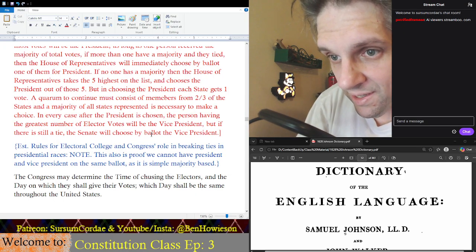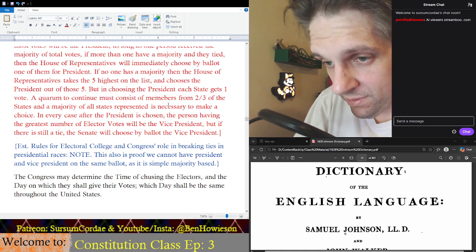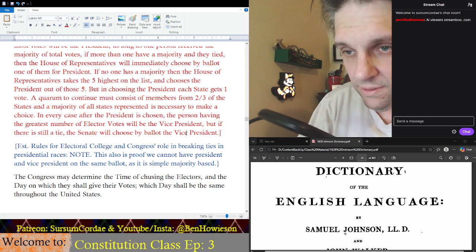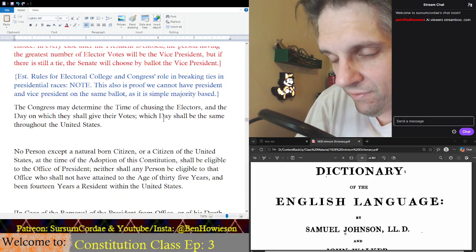But if there is still a tie, the Senate will choose by ballot the vice president. Incredibly convoluted. They made that more difficult than they really needed to. There's a lot of English system legal holdovers that are a lot more ridiculous than they need to be.